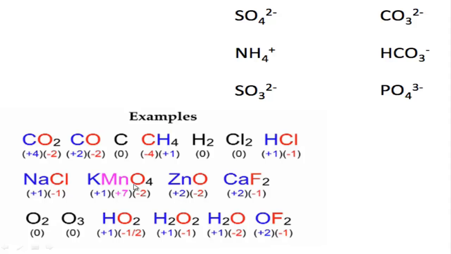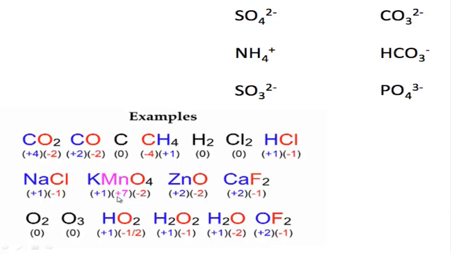Follow here, this is potassium permanganate. You know that oxygen is -2, so for 4 atoms of oxygen, the total oxidation number of oxygen will be -8, and potassium, you know that +1, so to become 0, the oxidation number of manganese should be +7.